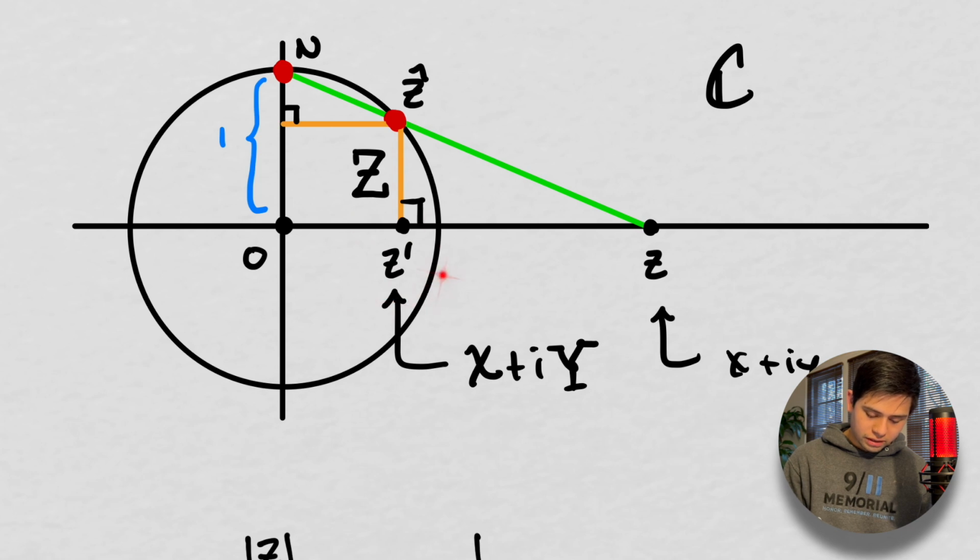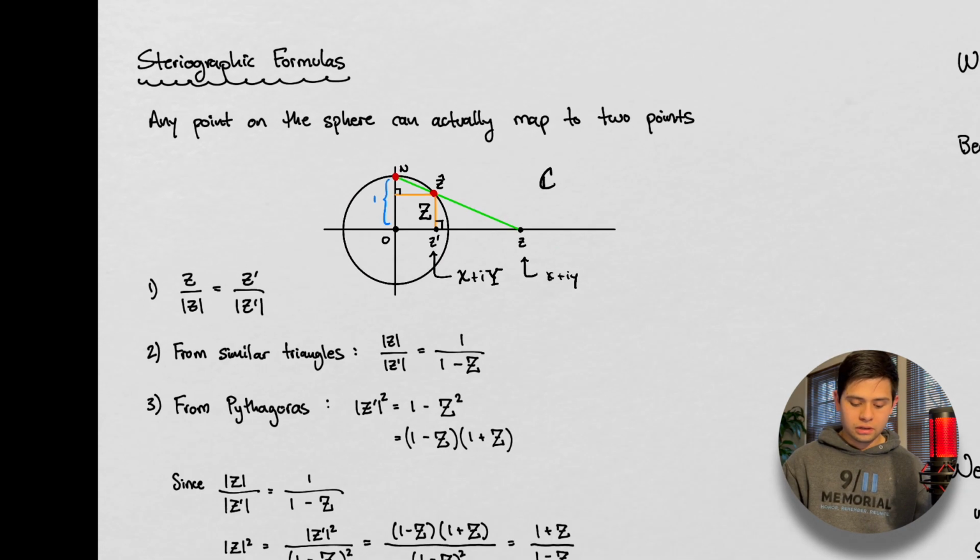This new point is going to be z prime, and z prime is going to be important in helping us understand that stereographic projections preserve circles during that mapping, when we map things from the sphere to the plane.